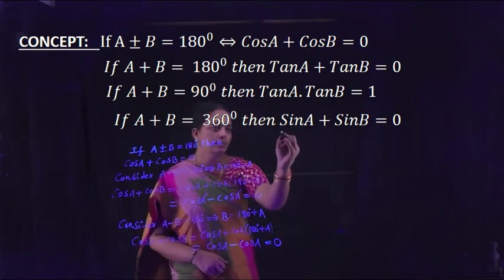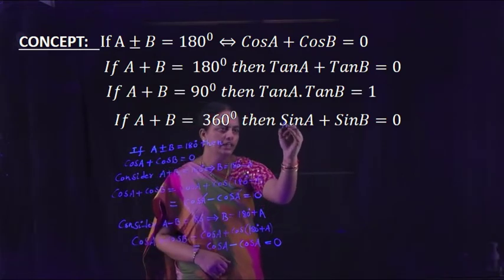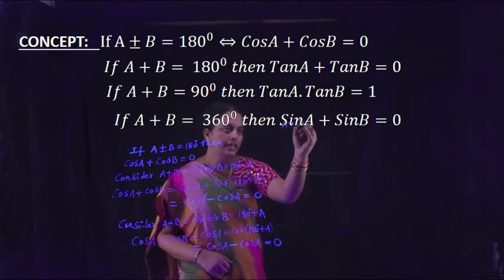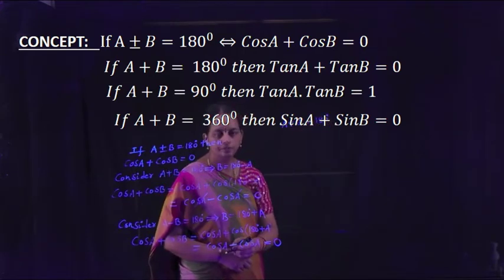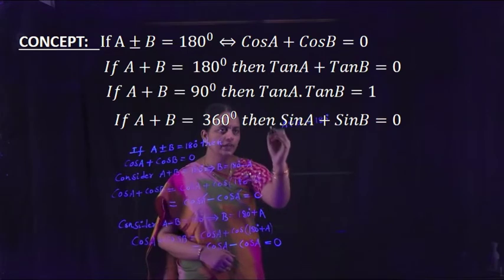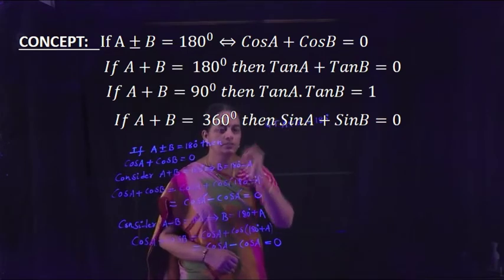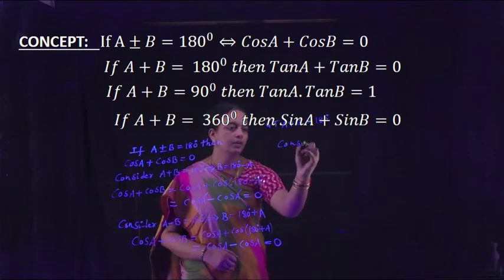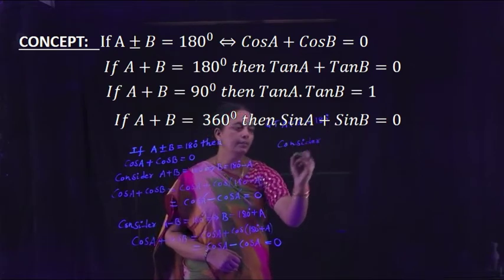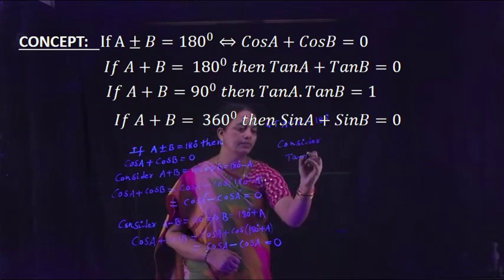Next, we are going to derive the second formula, that is, if a plus b equal to 180, then tan a plus tan b equal to 0. Given that a plus b equal to 180, consider tan a plus tan b.